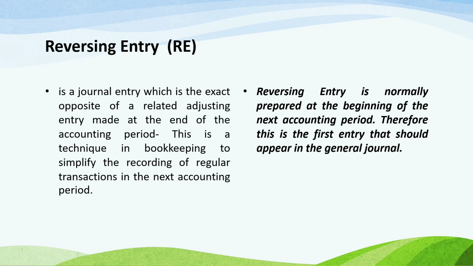Whereas reversing entry is prepared on the next day, the beginning of the next period. For example, on December 31, 2019, you prepare the adjusting entries. The reversing entries are prepared on January 1, 2020, because the end of the accounting period was December 31, 2019.